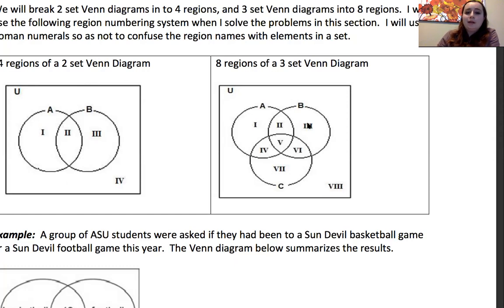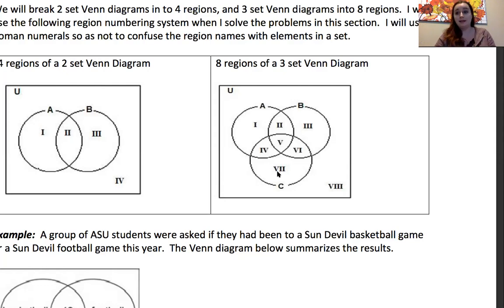In regions 1, 3, and 7, those numbers mean that they're only in that one set. They're only in athletics, or only in band, or only in choir. A, B, and C only, not any of the others, at least that we're talking about.